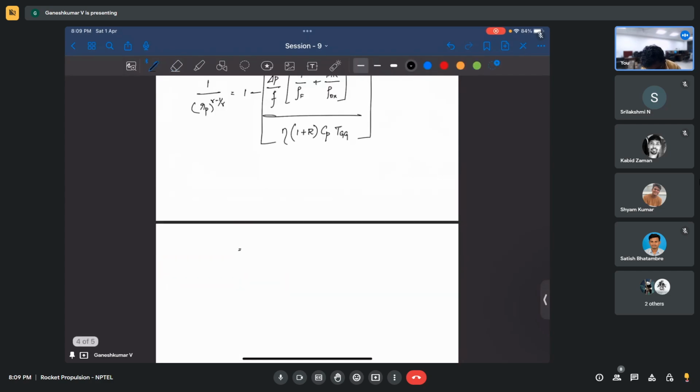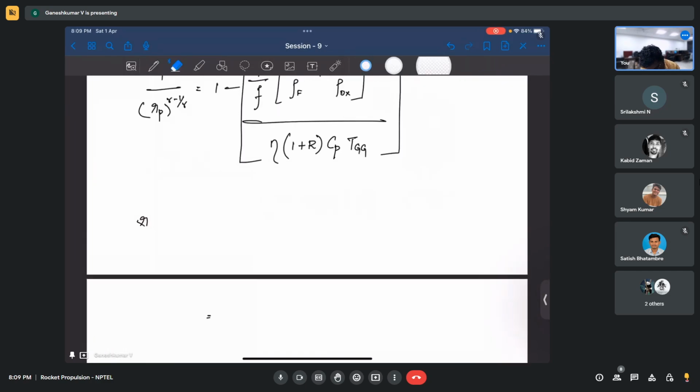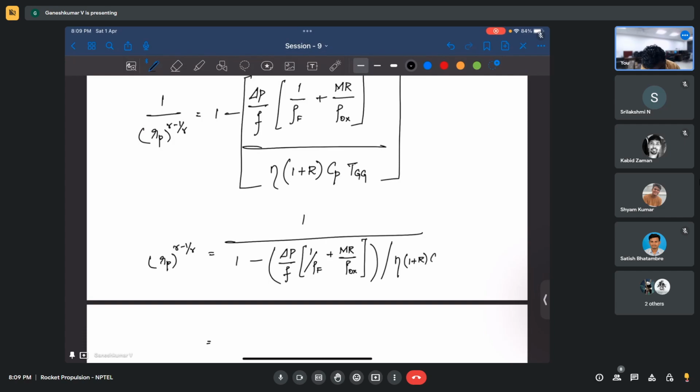So it should be Rp power gamma minus 1 by gamma is equal to 1 divided by 1 minus delta P by F, 1 by rho F plus mixture ratio by rho of oxidizer, divided by eta times 1 plus R, CP T GG.